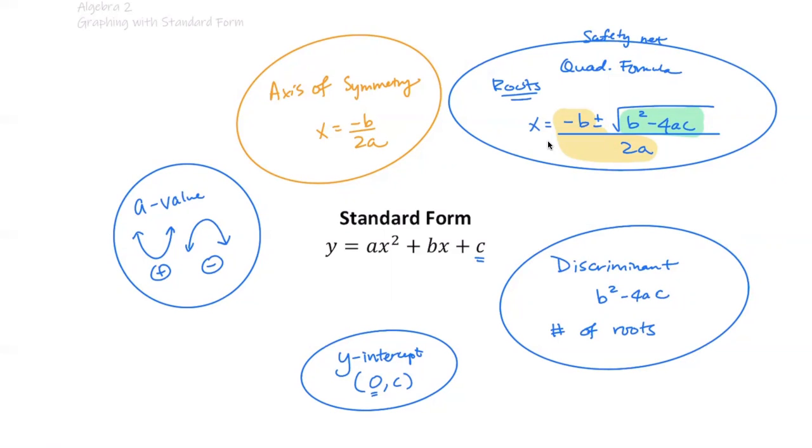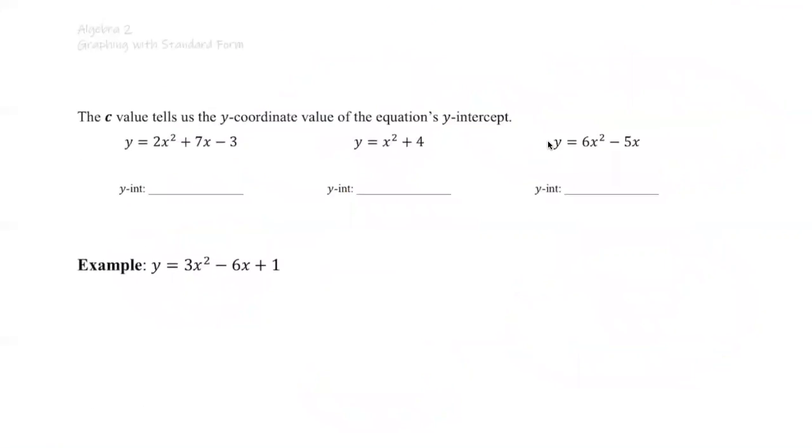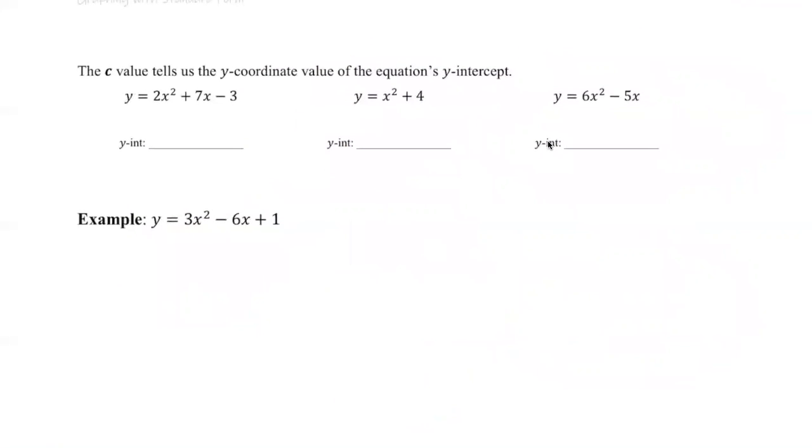So the standard form gives us a good amount of information, and we will practice extracting all of it with some examples. In the next video, we'll start looking at the examples.